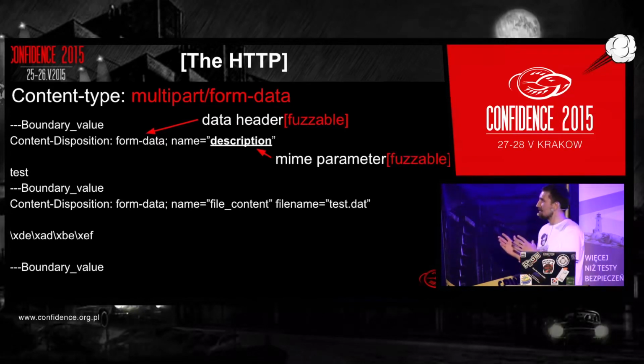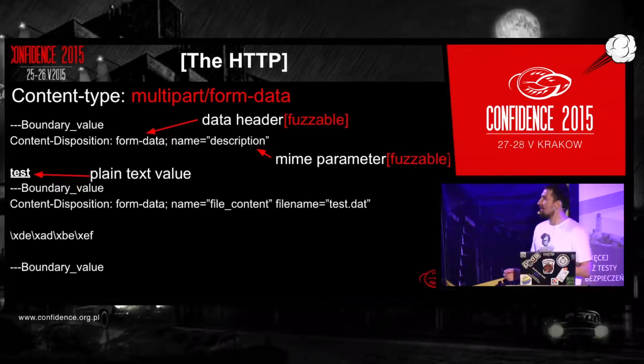The next thing to mention is the list of parameters being transmitted within each MIME message. For example, these parameters may be the name of a parameter or a file name if we transmit a file. These parameters may contain any data you can imagine and may be named anyhow you can imagine, so fuzzable.